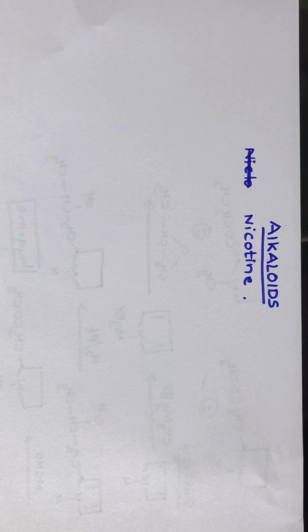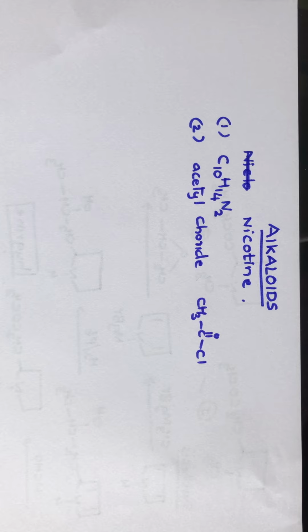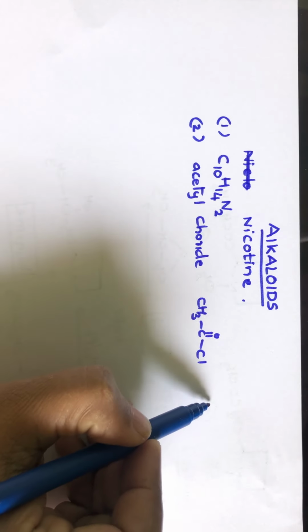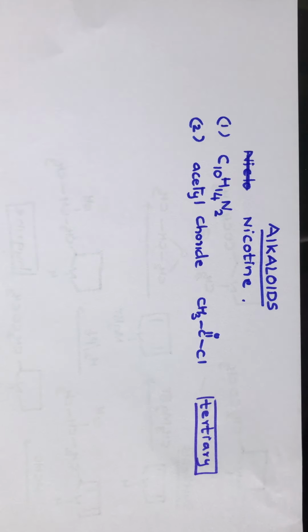Acetyl chloride is CH3C double bond OCl. It does not react with acetyl chloride or benzyl chloride. It clearly suggests that both the nitrogen atoms in nicotine are tertiary in nature, because it does not react with acetyl chloride or benzyl chloride.